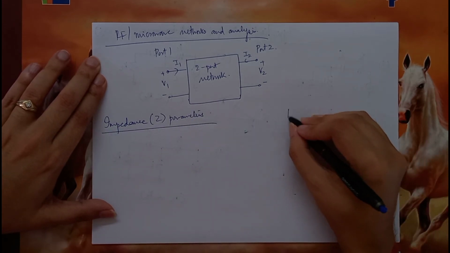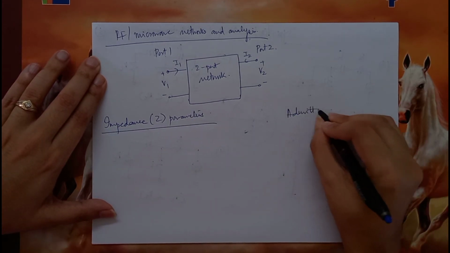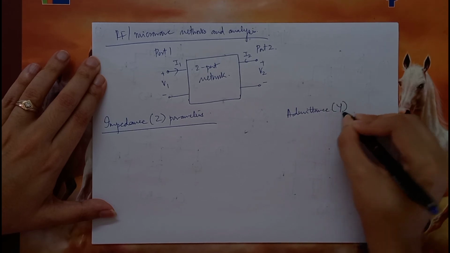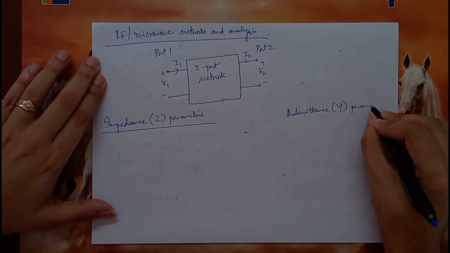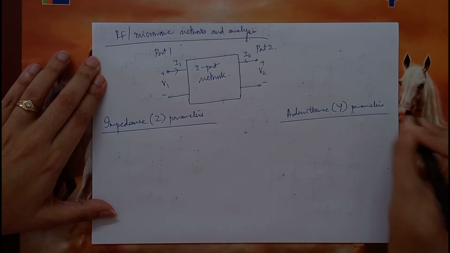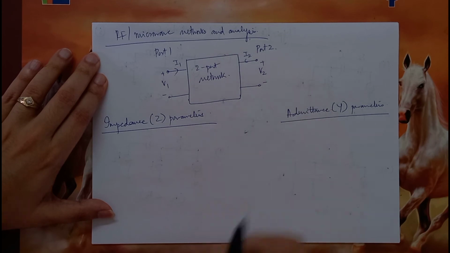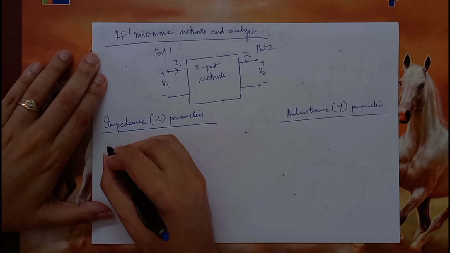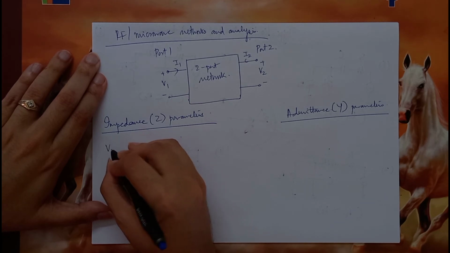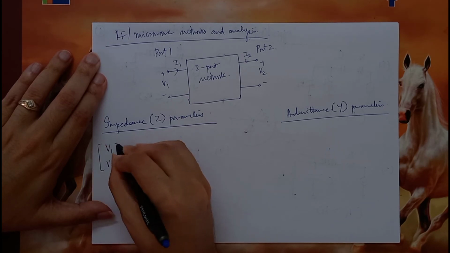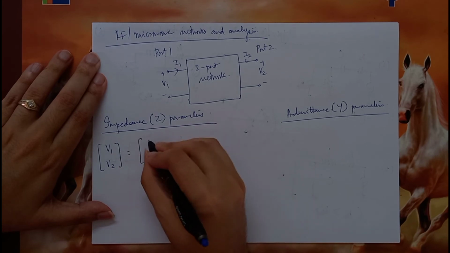The other is called admittance parameters or Y parameters. So the voltage and current at the two ports can be related using matrices and a linear combination of what are called the Z parameters. So let us say the voltages can be related in this fashion.